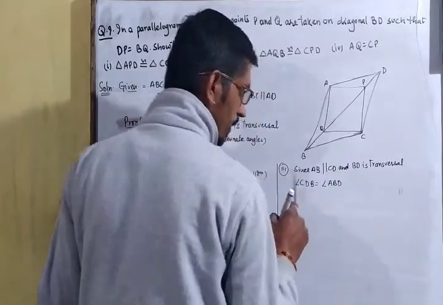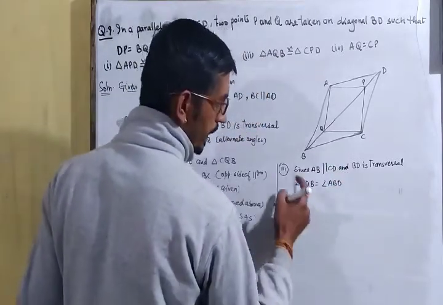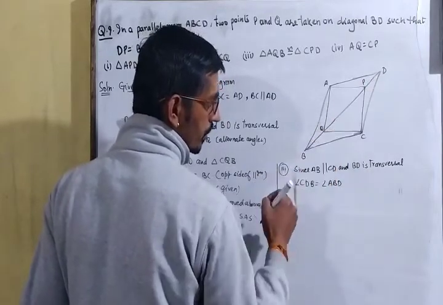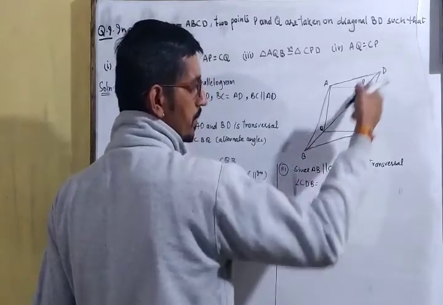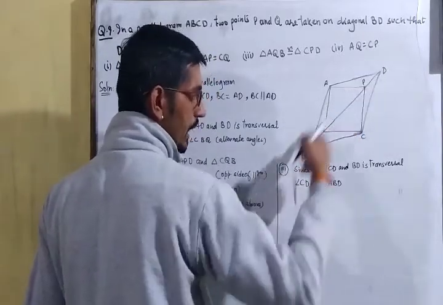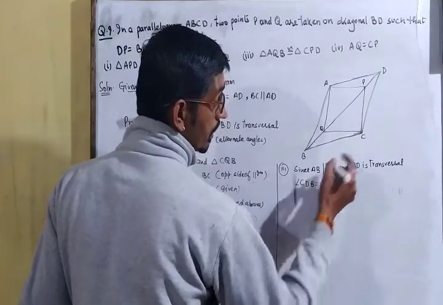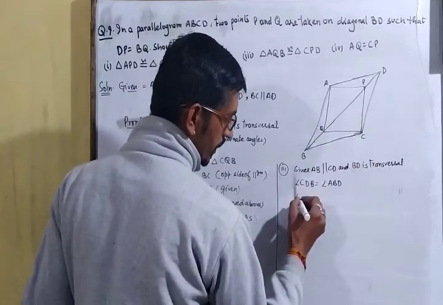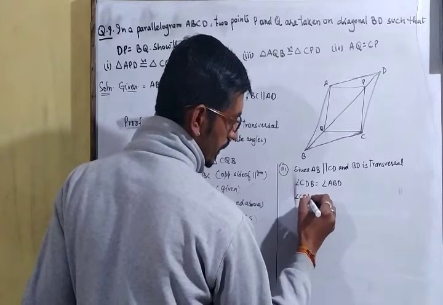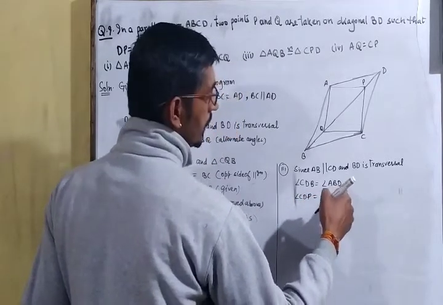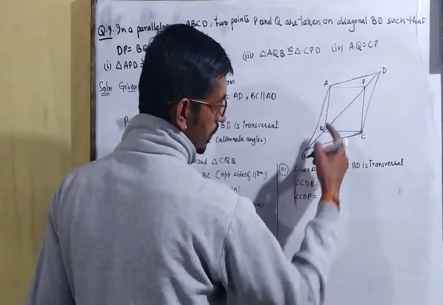Okay, but we need, in place of D we need Q, because it is a part of BD line, so we can write ABQ or CDP. So in place of CDB we can write CDP, or in place of ADB we can write ABQ.